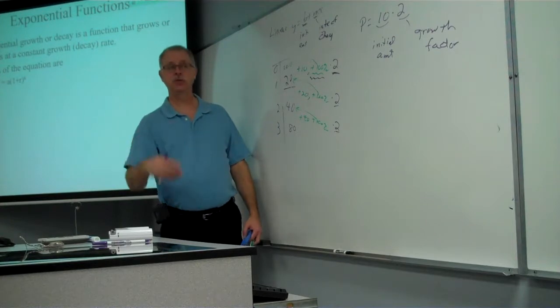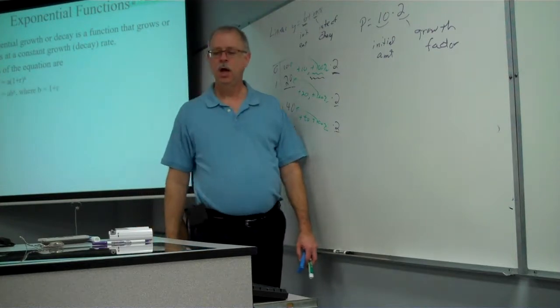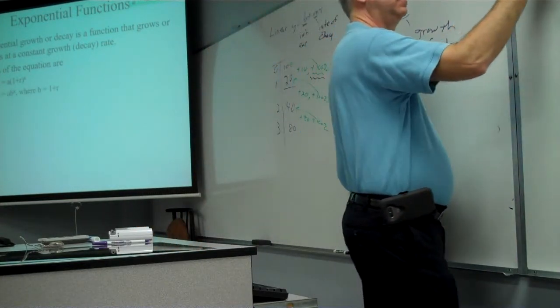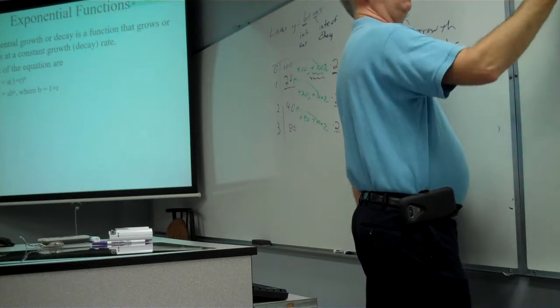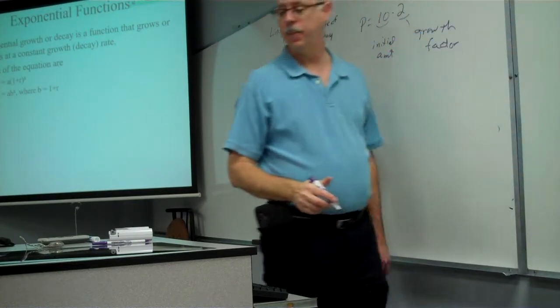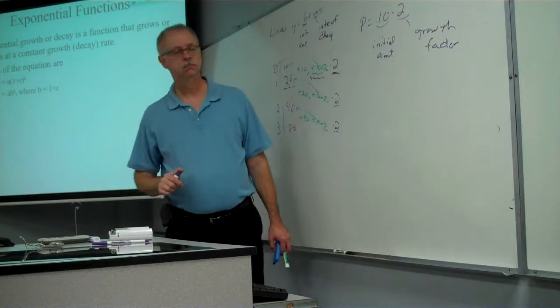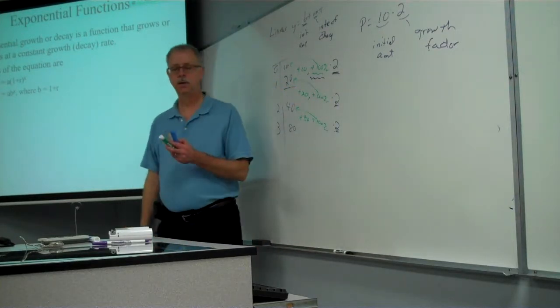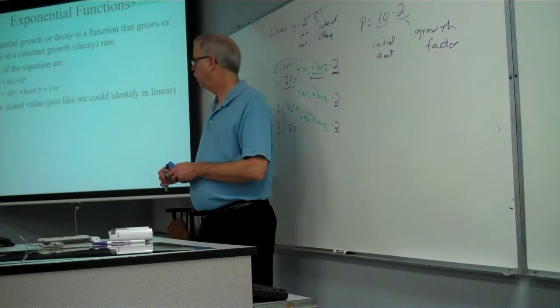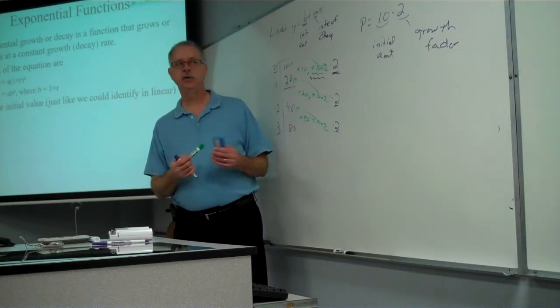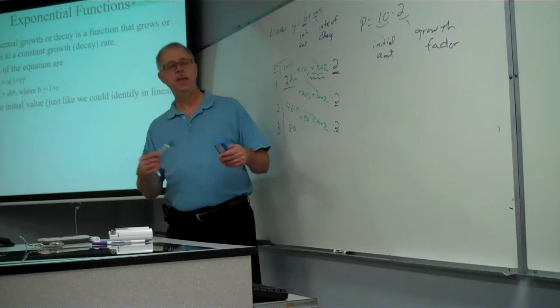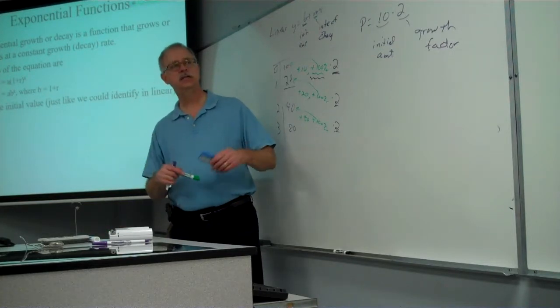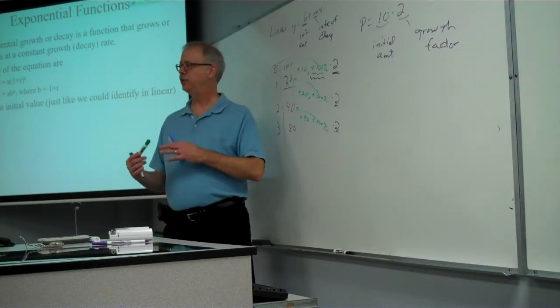Are we losing a certain percent? Other times we'll focus on what we are multiplying by. Here we're multiplying by 2. But either way, a is the initial value. It's what we start with. And then r or b is telling us something about how our amount is changing.